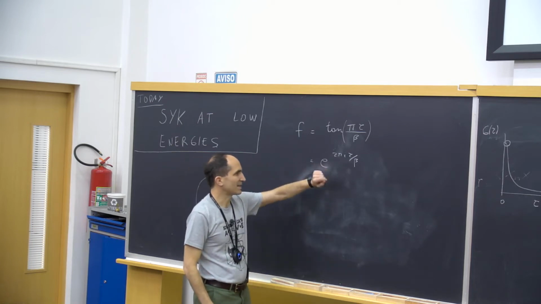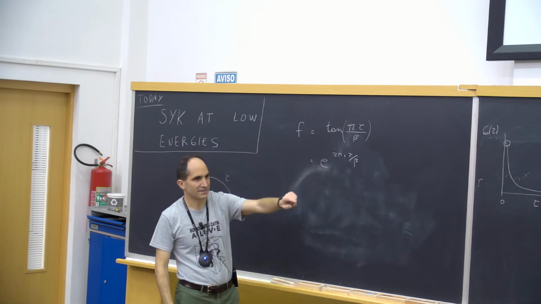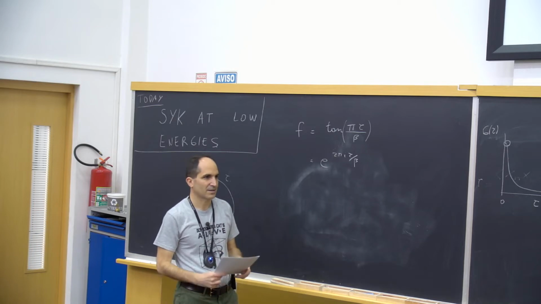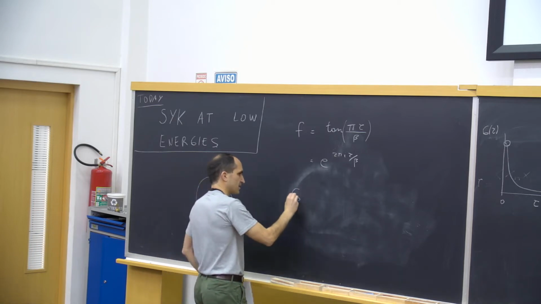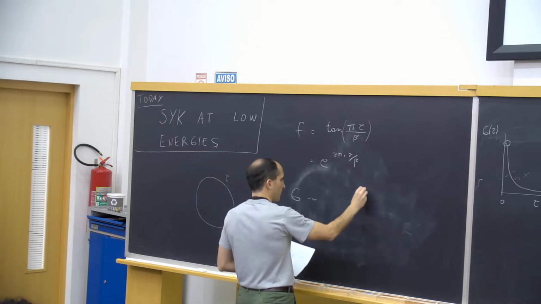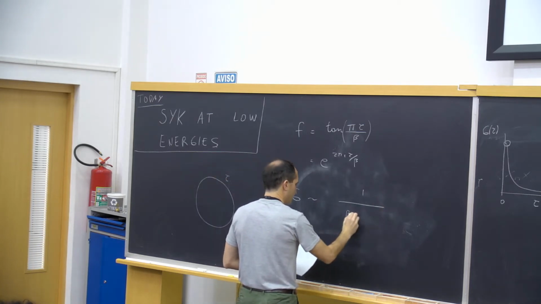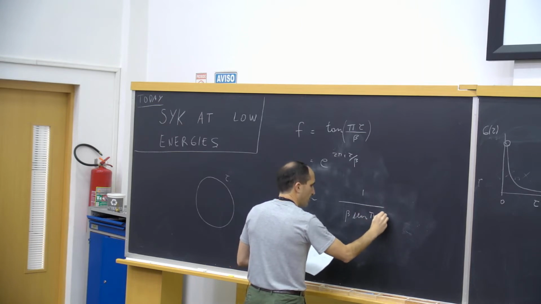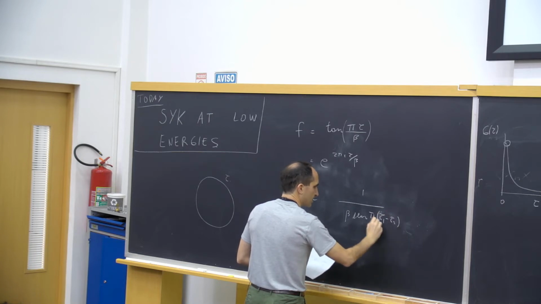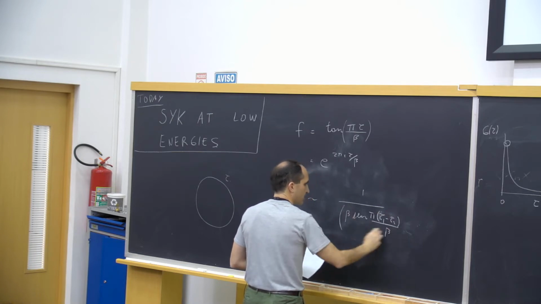Of course, this has some i, but if we put either of these f's in that expression, then we find that G becomes proportional to 1 over beta sine of pi tau 1 minus tau 2 over beta, okay, to the 2 delta.